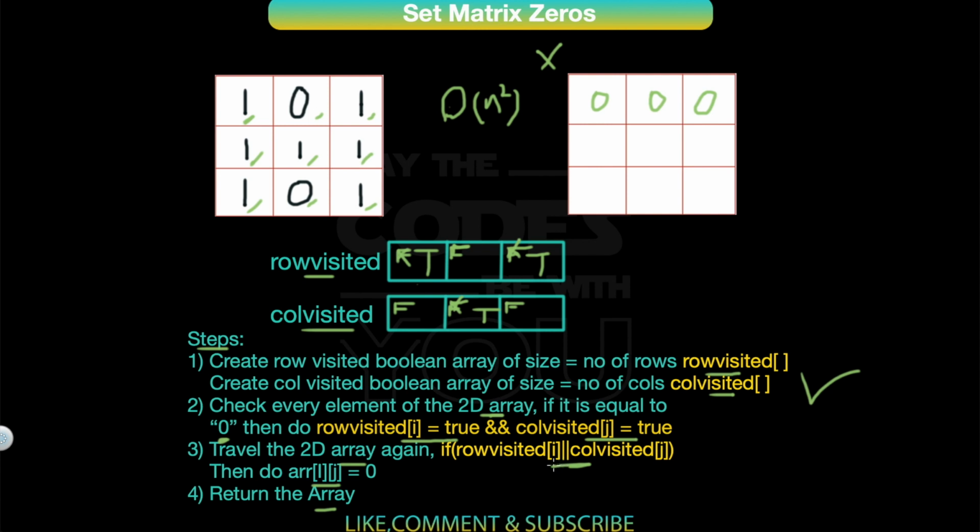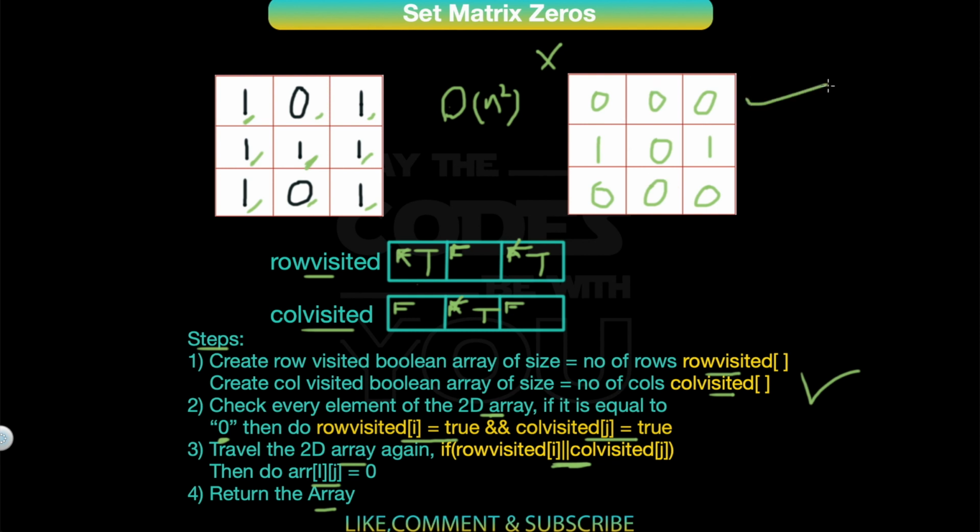As this value is not true, we'll keep 1 here, but for this one it is true, so we'll put a 0 here, and for this it is not true, so we'll keep a 1. Similarly for this it is a 0, so we'll do 0, 0 and another 0. So here is our return array.